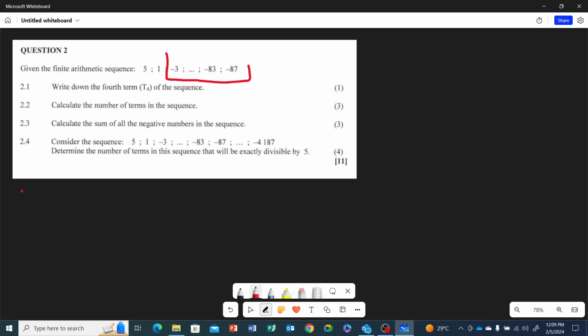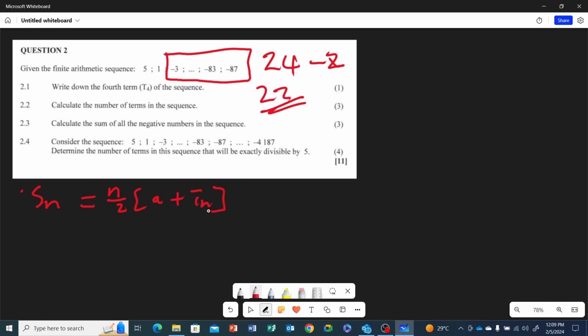So now when I'm calculating for the sum, which is Sn, you're supposed to use the formula n over 2 into a, the first term, plus tn. Firstly, let me substitute. We have 22 terms divided by 2. Now in this case, our a is not 5 because 5 has been excluded.